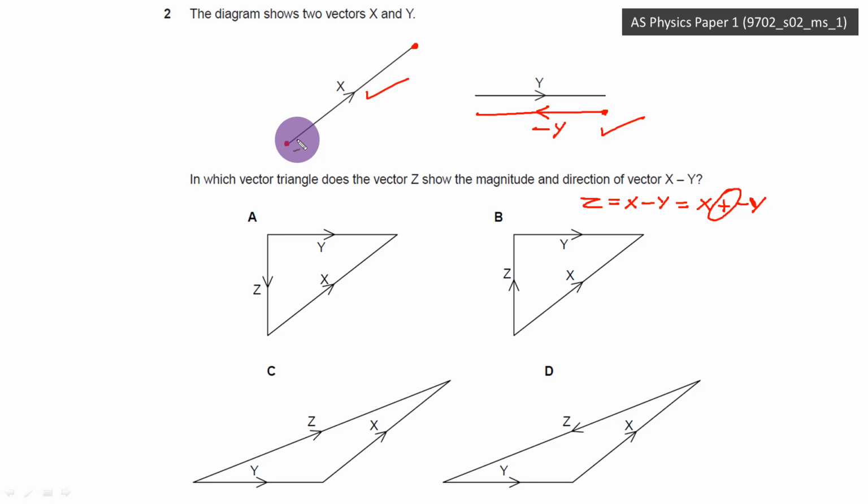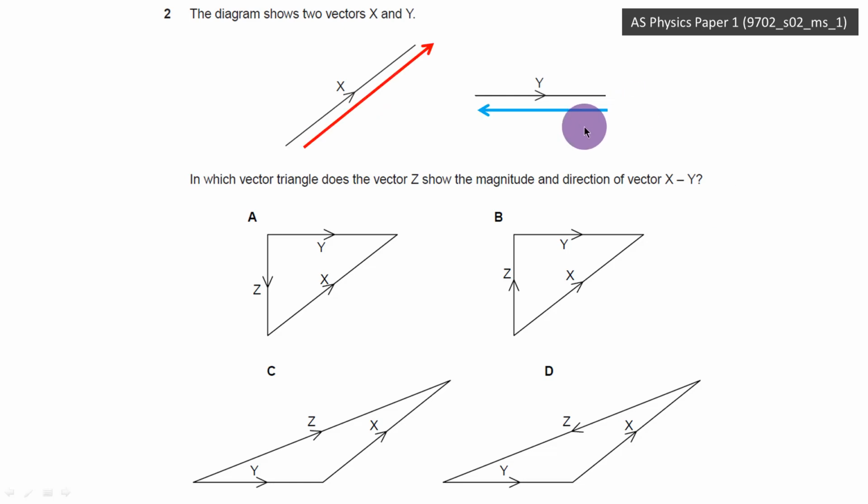For instance, here, I've drawn the same vectors. This is vector x and this is vector y. So we are going to slide this vector until its tail makes contact with the head of this vector, like this. So we slide it from that point to that point.